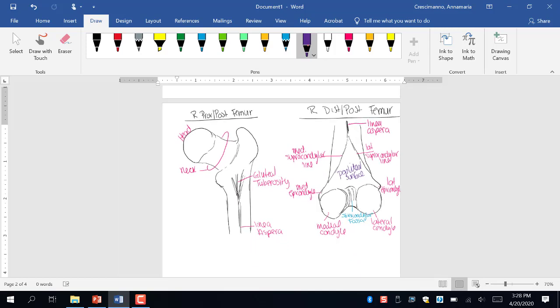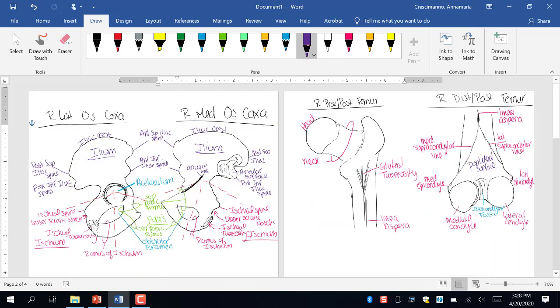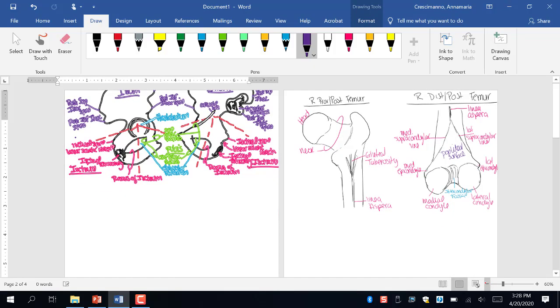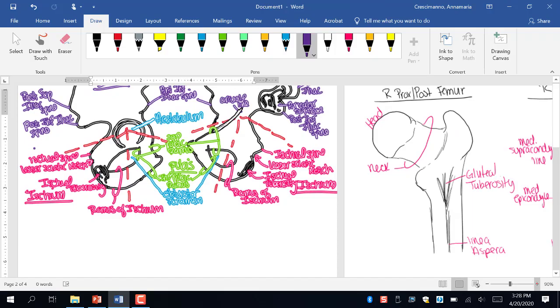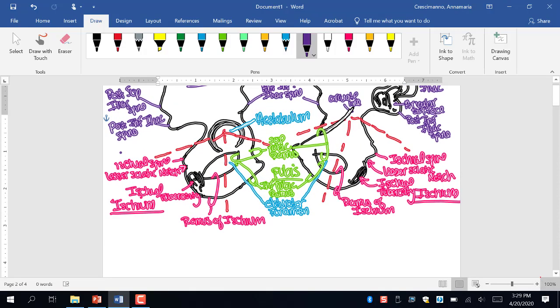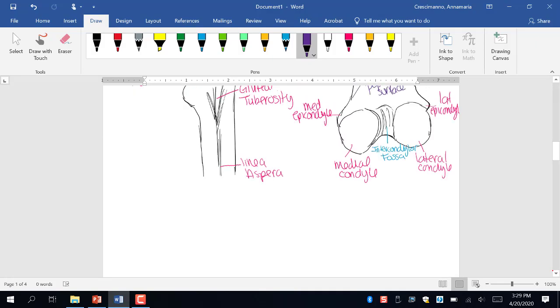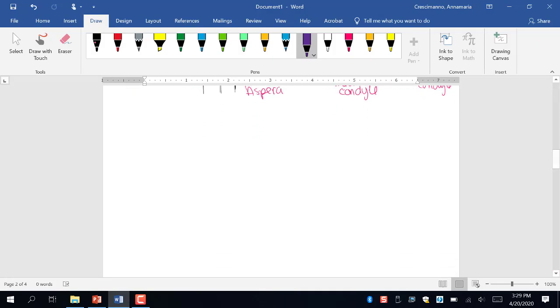Okay, the last part that we're going to take a look at is the distal end of the femur, but we're going to take a look at it from an anterior view. So right distal, but anterior femur.